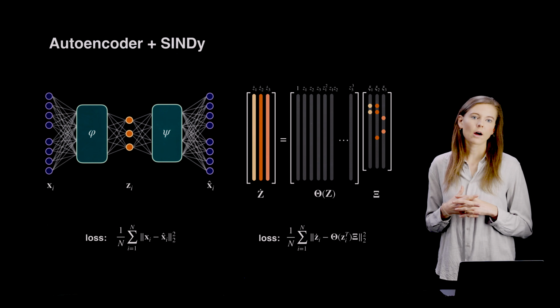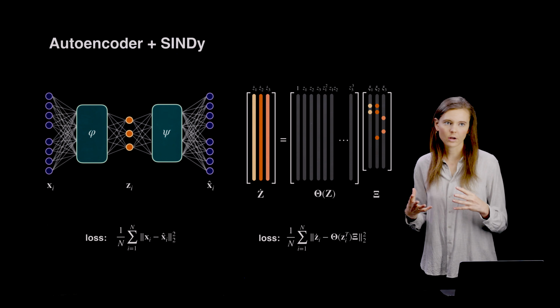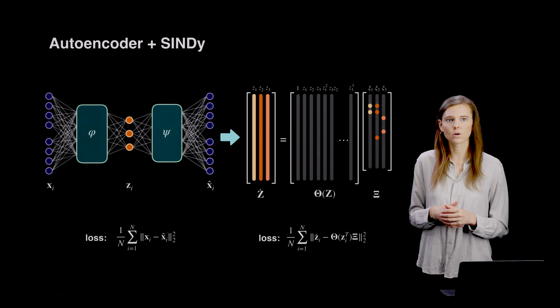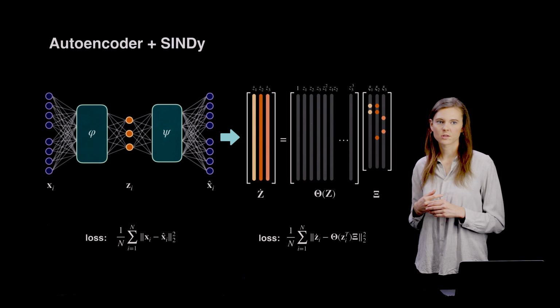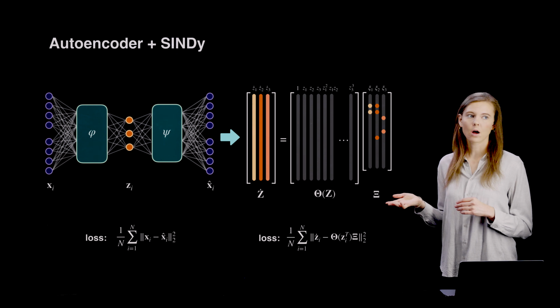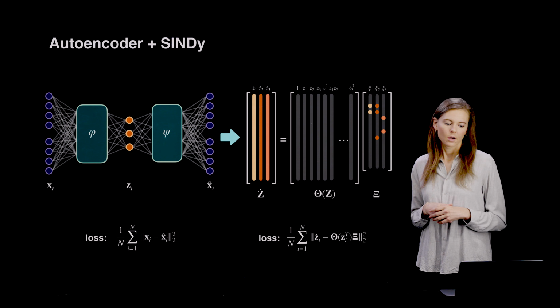Now we have the question of how do we do this training? One way you could think to try to find such a model is to perform some sort of sequential training. You could try to train an autoencoder to find a reduced representation of your data and then fit a SINDy model on the intrinsic coordinates that come out of this autoencoder.